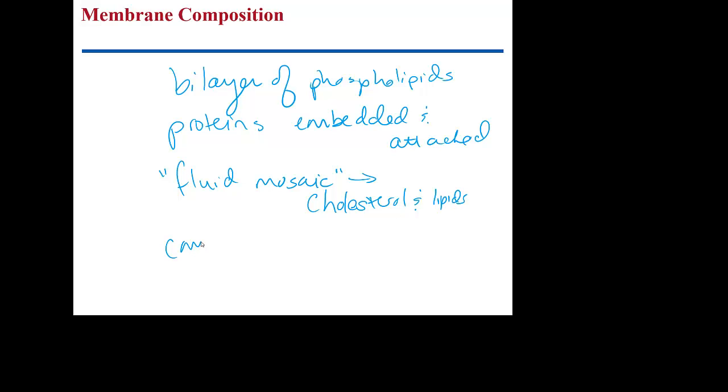And then we have the combo molecules that we talked about before. So these are things like glycoproteins. So all of these things are going to work together to do those three functions that we mentioned previously of barriers, regulation, and communication.